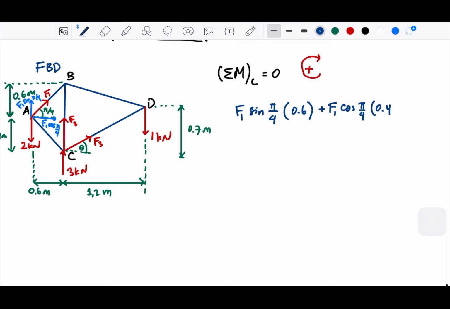And then what else do we have? We have this 1 kilonewton, right? 1 kilonewton. It goes through the 1.2 meter. So it goes from here and goes there.